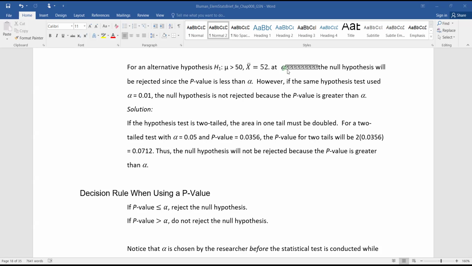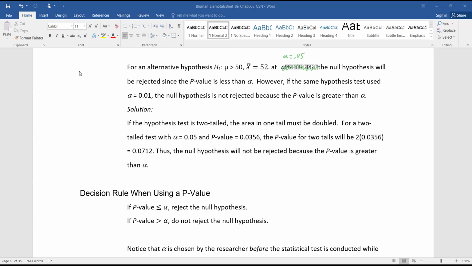This would be at an alpha of 0.05, meaning that with a 5% probability, the null hypothesis will be rejected since the p-value is less than alpha.